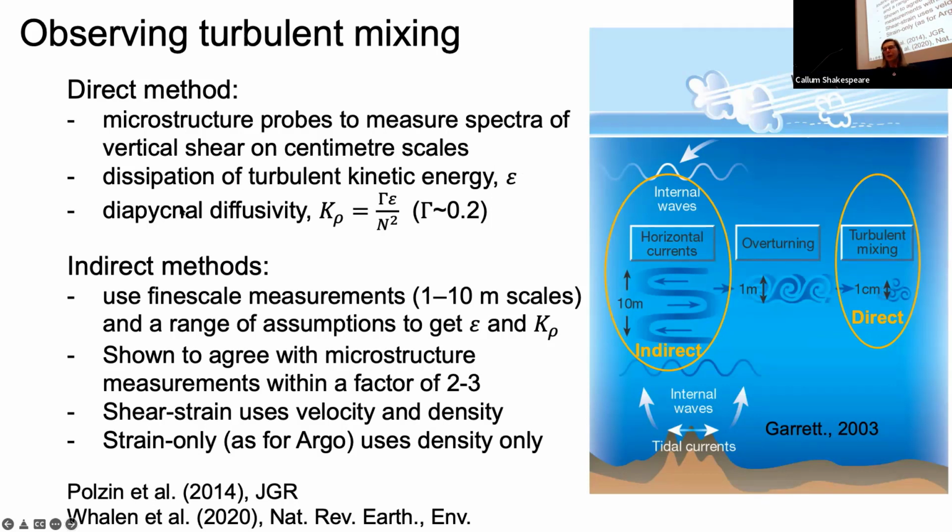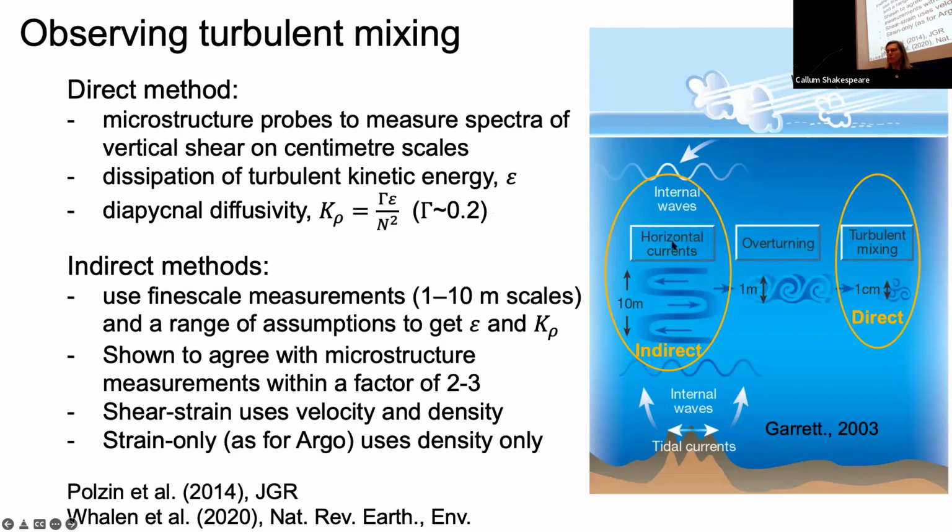We can then get the diapycnal diffusivity through this relationship, which takes the dissipation, multiplies it by a mixing efficiency gamma, and divides it by the square of the buoyancy frequency. So there's our first assumption, that the mixing efficiency is a constant value. But as assumptions go, that's not a bad one.